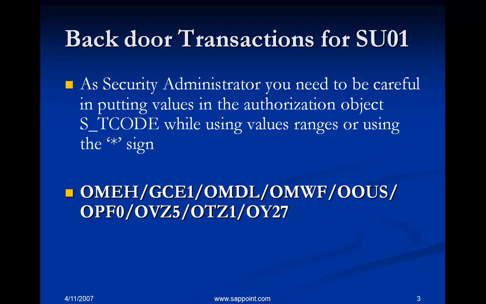So in the S_TCODE object in a role, if I say O star, for example, I would give the user access to OMEH, OMDL, OMWF, OOUS, all these transaction codes that begin with O.